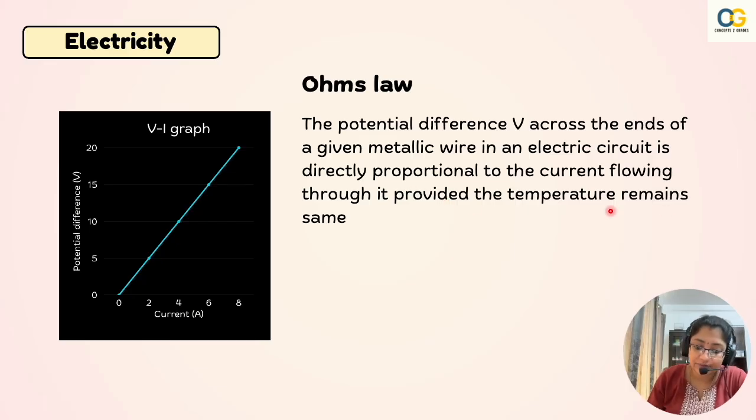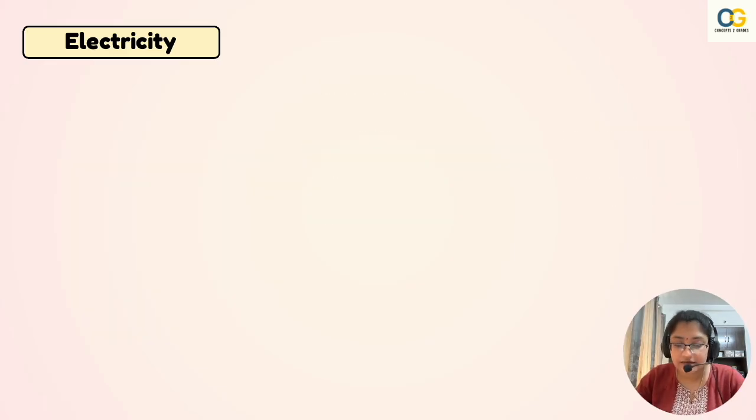Writing this, provided temperature remains same, is essentially important for this law. In that given condition of temperature, this potential difference and the current are always directly proportional for a given metallic wire. That is Ohm's law.